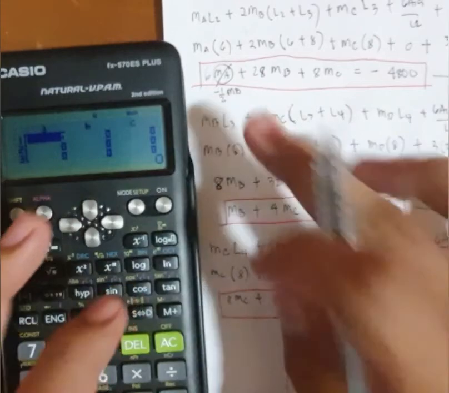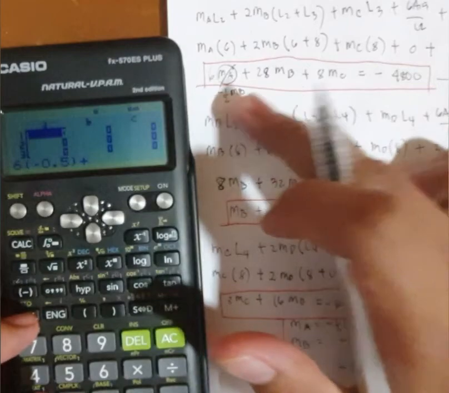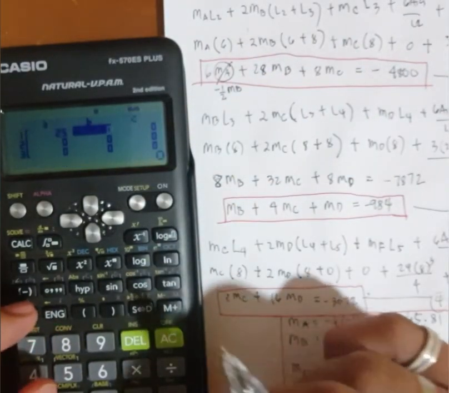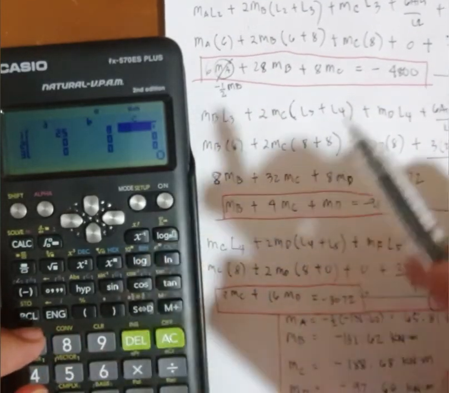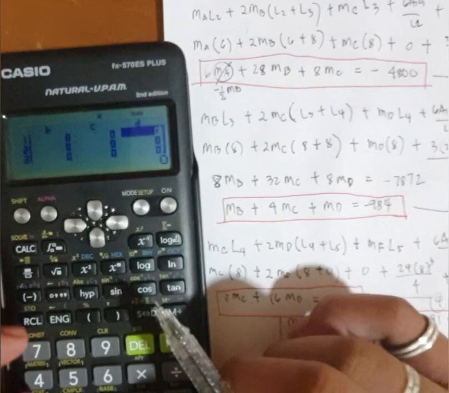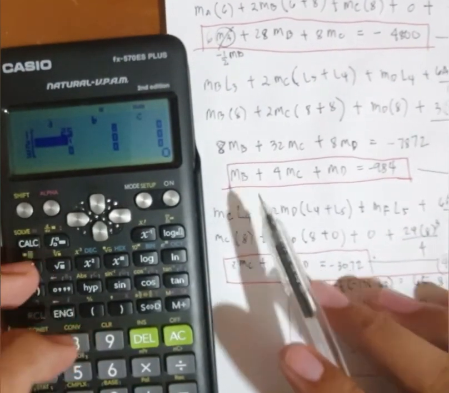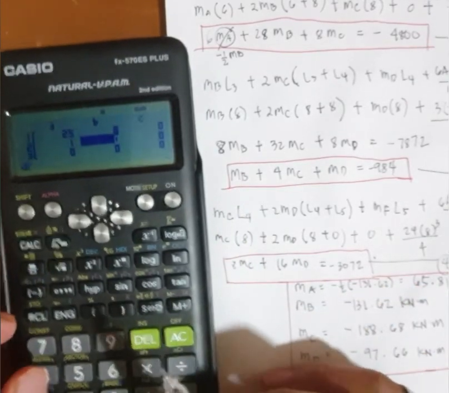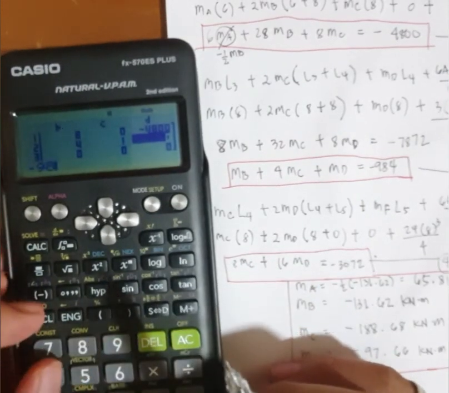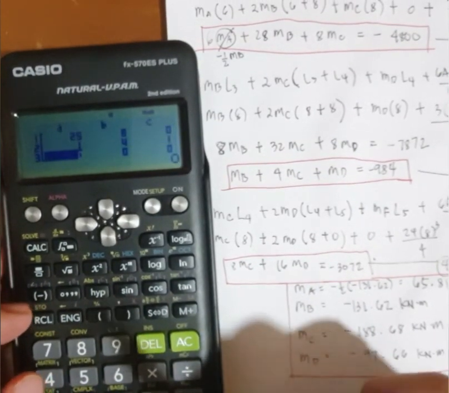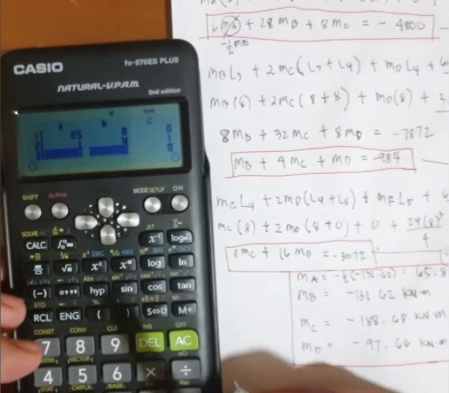So first is 6 times negative 0.5 plus another MB, which is 28. MC is 8. MD is 0, you have no MD. Then the constant is negative 48. Next, MB is 1, MC is 4, MD is 1, constant negative 984. And for number 3, you have no MB, so that is 0.